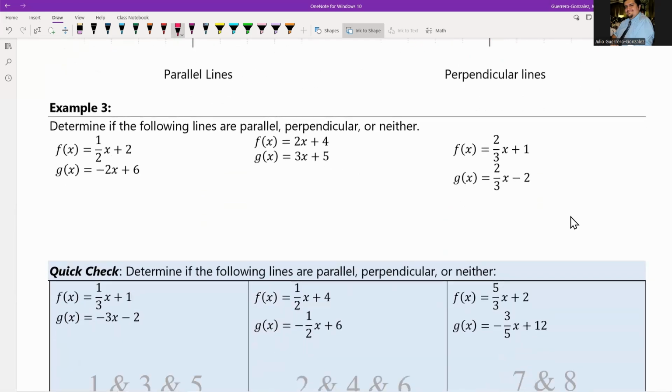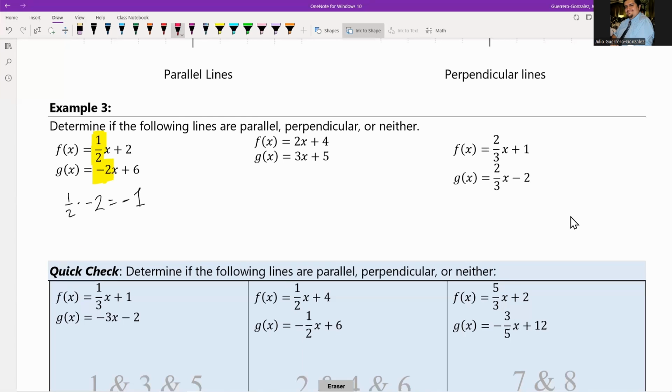So let's go ahead and do this one. Automatically, this slope and this slope are not equal, so not parallel. So the only one that's left for us to check is the perpendicular. That means I grab both the slopes and multiply them together. If I get -1, I get perpendicular. So I'm going to do 1/2 times -2. That is indeed -1. These two are perpendicular.